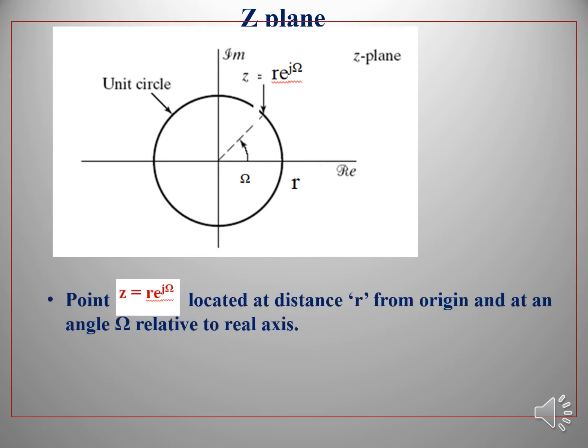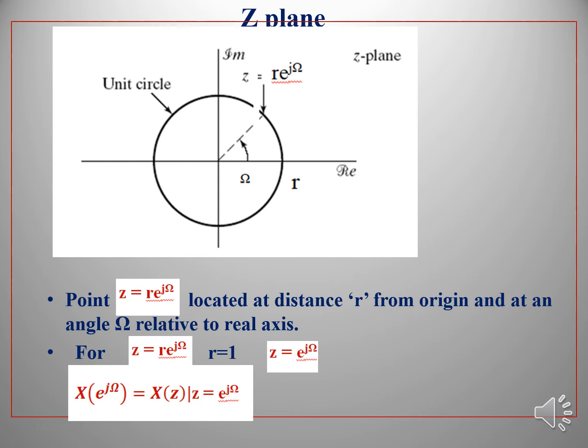Thus, the point z equal to r e power j omega is located at a distance r from the origin and at an angle omega with respect to the real axis, as discussed earlier. For z equal to r e power j omega, we could assume r is equal to 1, thereby giving a complex number z equal to e power j omega.